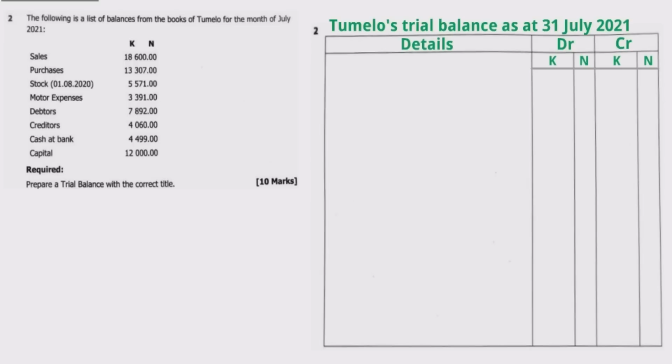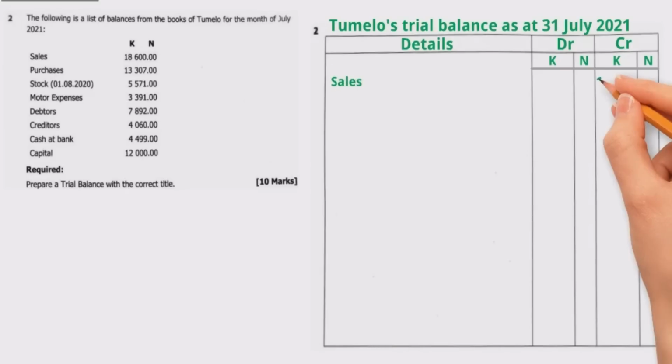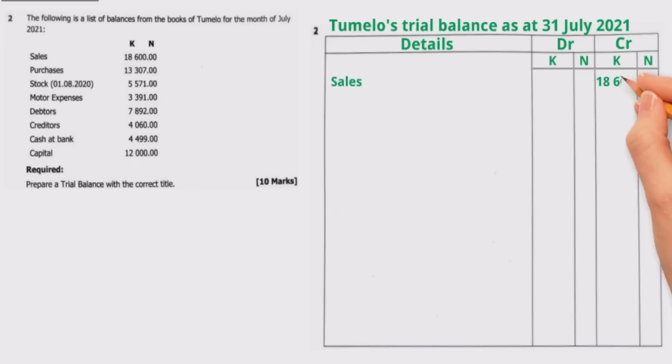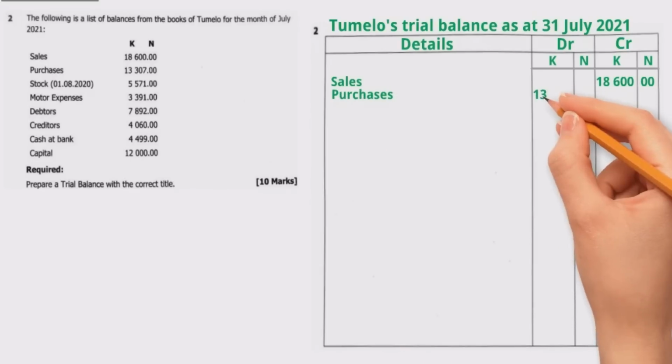Once we've done that, the next thing is that we start entering the records. The first record we are given is sales, which is 18,600. So I'm going to write sales, and put it under credit, which is 18,600 kwacha. Then we come to purchases, which is 13,307 kwacha.